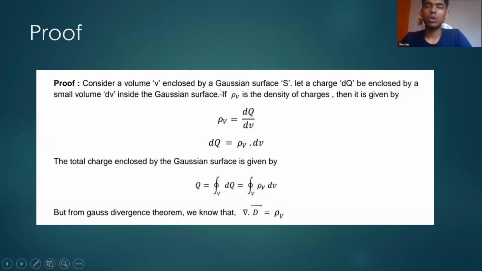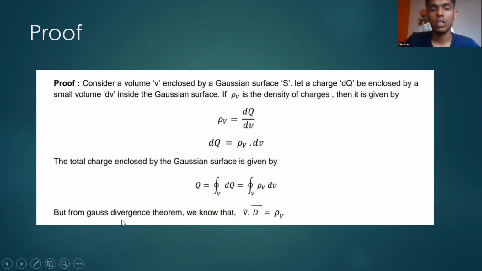If we consider a small elemental part of the Gaussian surface, we can give it the density as Q by V. But since we are referring to the small elemental volume, we take it as dq by dV, and by this we get dq is equal to rho v dV. So the total charge enclosed by the Gaussian surface is equal to the integral of dq. Applying integral on both sides, we get Q is equal to the enclosed volume integral of dq, which is equal to the integral of rho v dV.